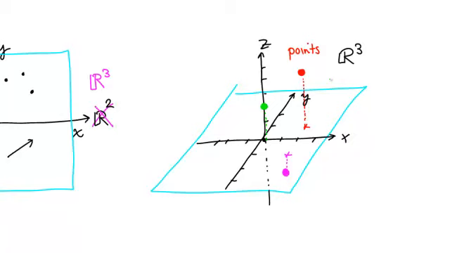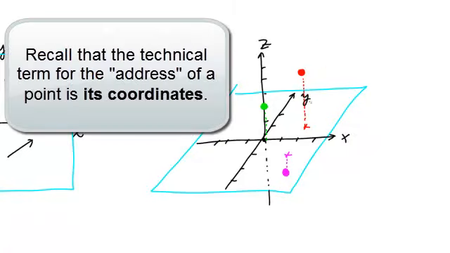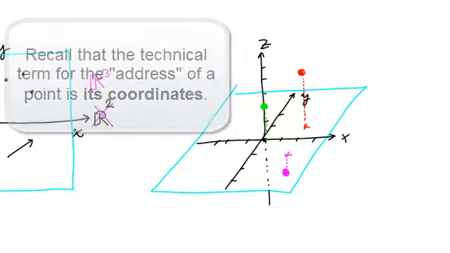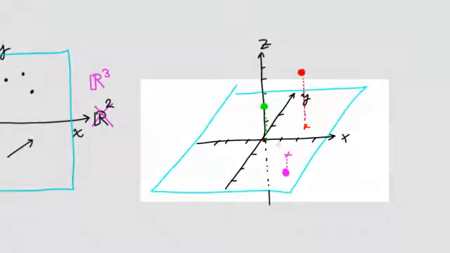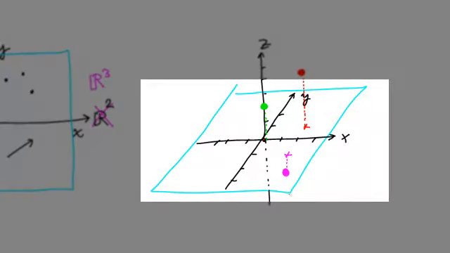And for every single one of these points we can give an addressing scheme. For example, if we take this red point right here, how would we describe how to get to this point starting from the origin? Well, when it was just the real line, we described how far a point was either east or west. When we were in the flat two-dimensional plane, we described how far a point was east-west, followed by how far it was north-south.